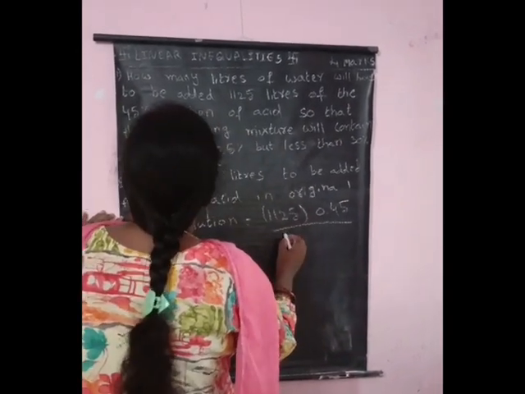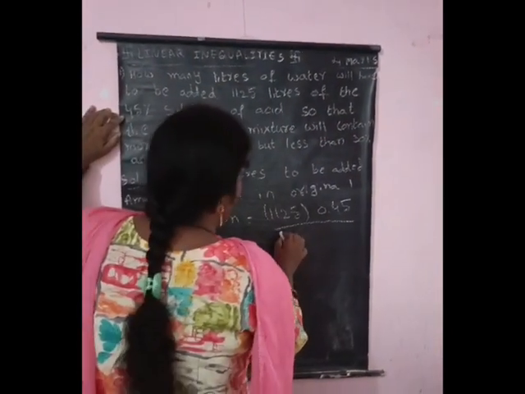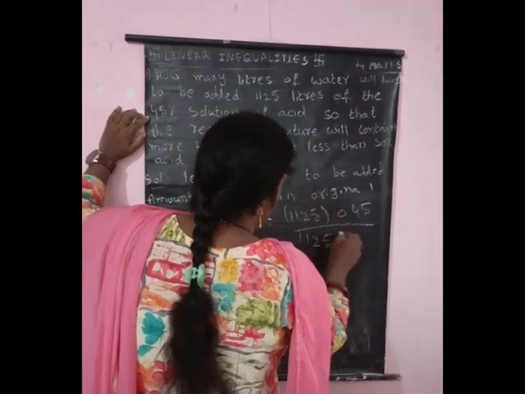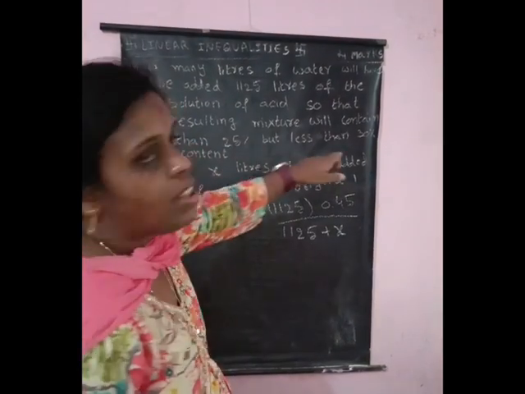The new acid percentage is 0.45 by 1125 plus X. Then this lies between 25% and 30%.